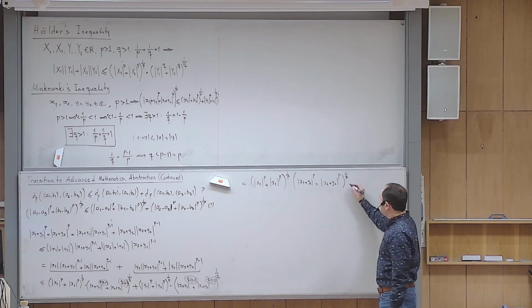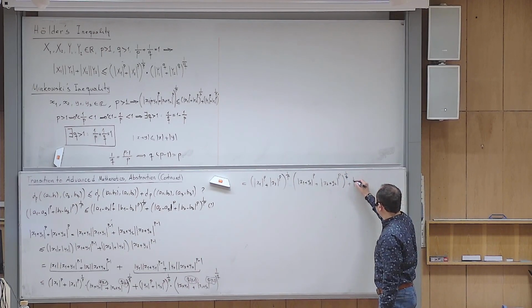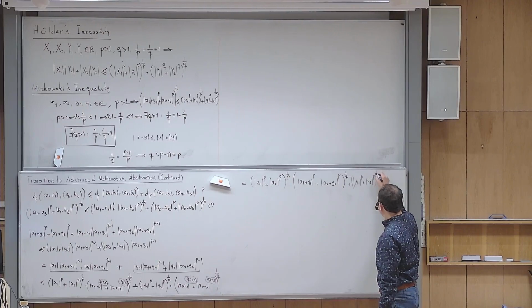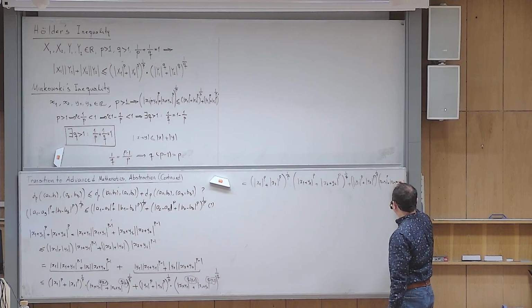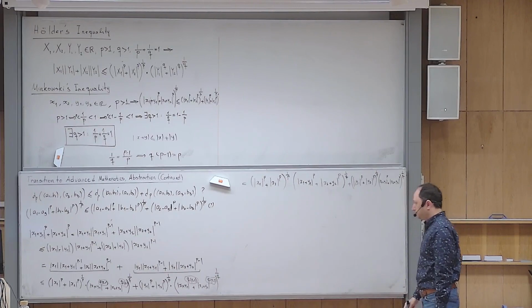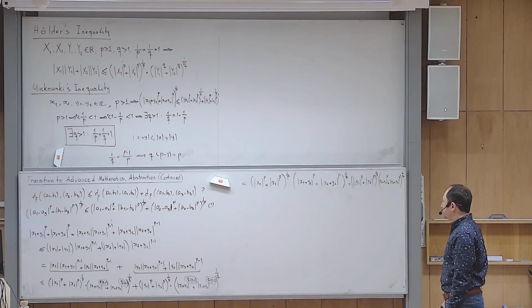And then the next one is absolute value of y1 to the power of p plus y2 to the power of p to the power of 1 over p. And then I will have exactly the same combination. So x1 plus y1 to the power of p plus x2 plus y2 to the power of p, and then to the power of 1 over q. Are you with me? Yes?